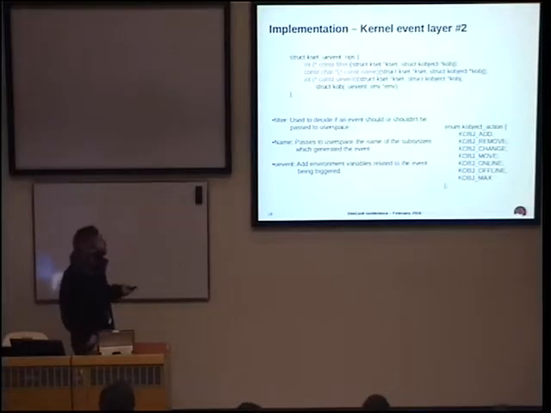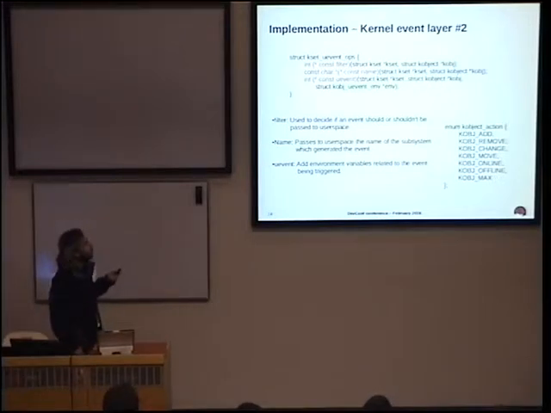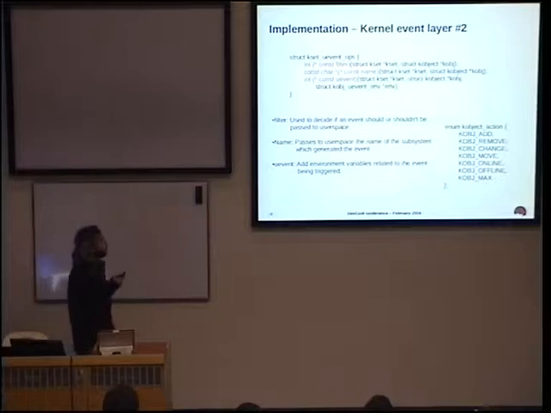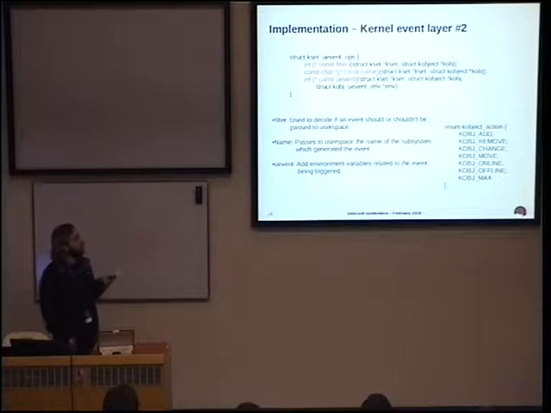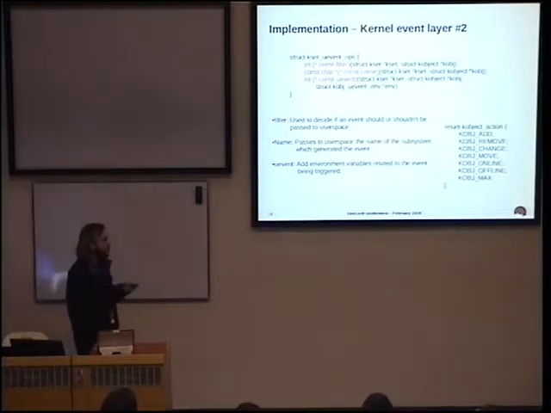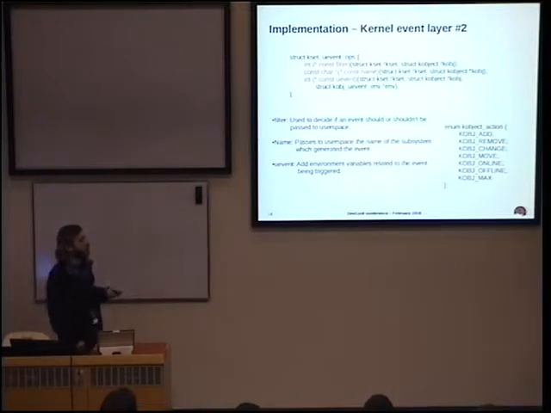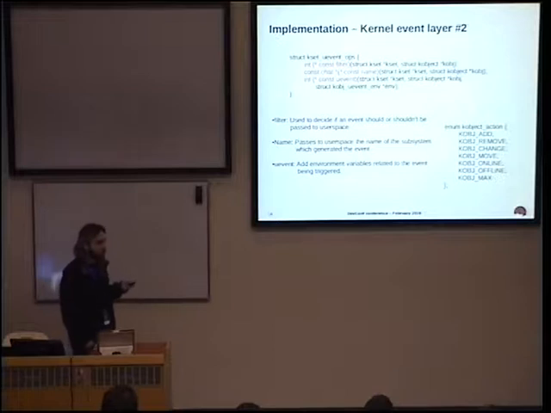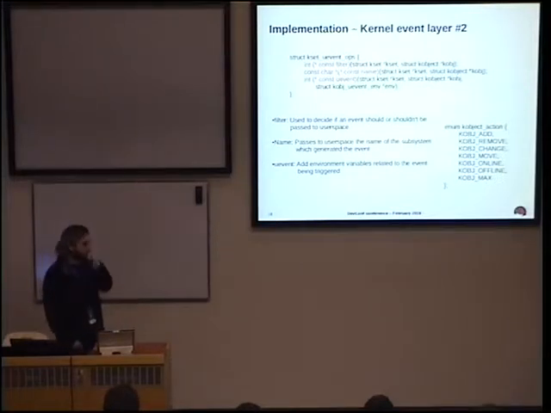So the Kset event ops structure provides 3 function pointers for us. One of them is the filter pointer, which is used to decide if an event for that KObject should be created or not. If you're creating or destroying a KObject, you might not want, for example, to notify user space about it. So you can use this filter function to filter what actions should be passed to user space or not. One example where we use this a lot is in the block devices.